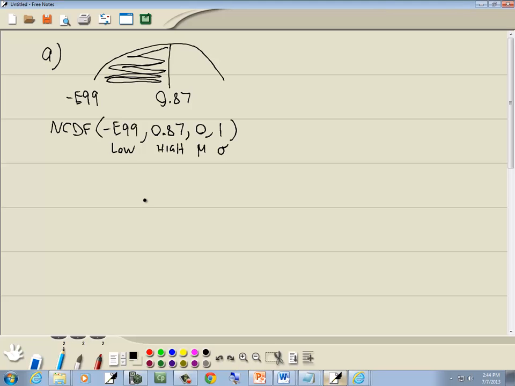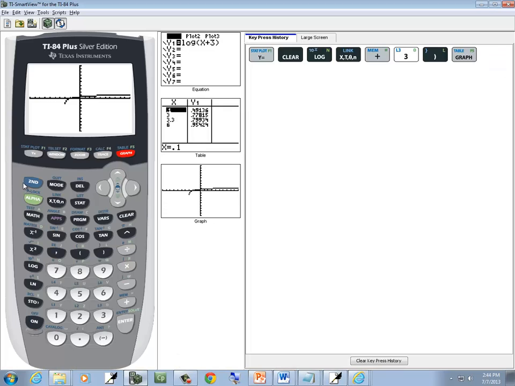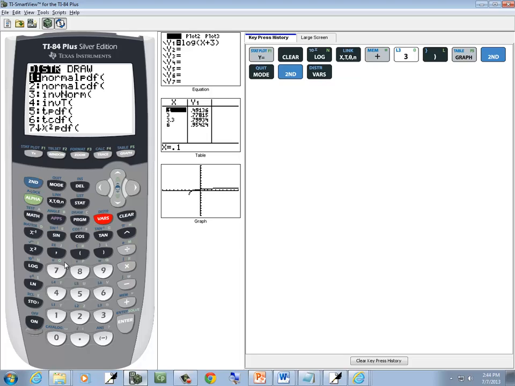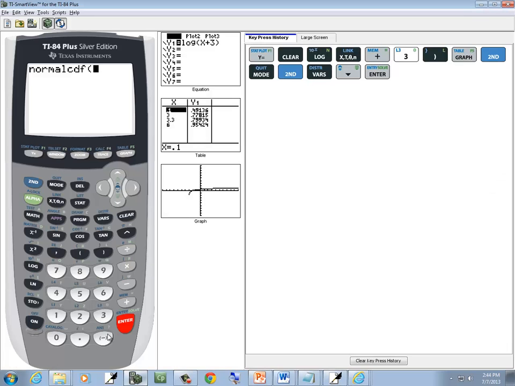Well, let's plug this in. I'll do second vars, normal CDF, the second one, and negative E99, so do negative.